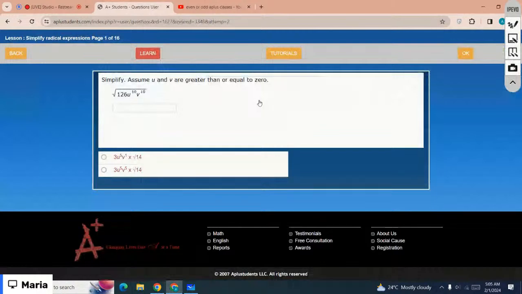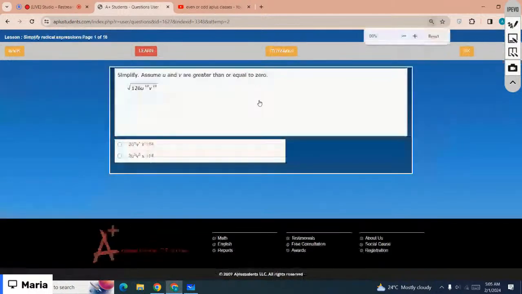You have to factorize 126. Okay, so let's just factorize 126. You have to make the prime factors, right? So let's just factorize 126, right?